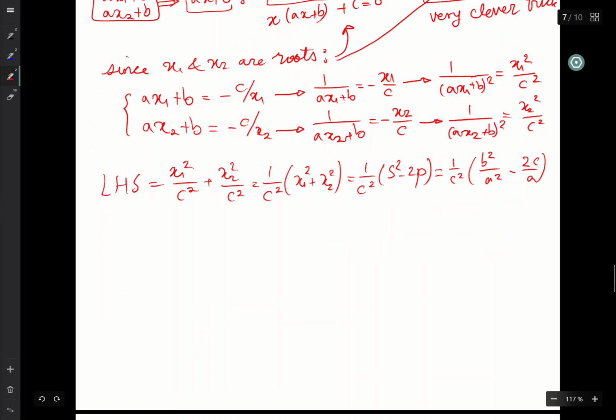Make a common denominator of a squared, bring it out, it's 1 over (a squared c squared) times (b squared minus 2ac). And that's exactly what we are looking to prove, right?